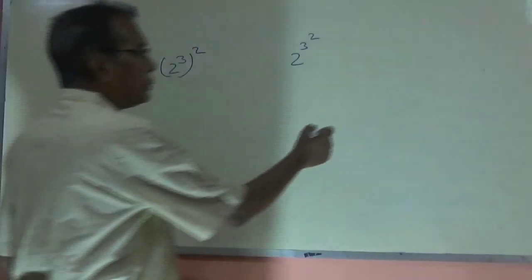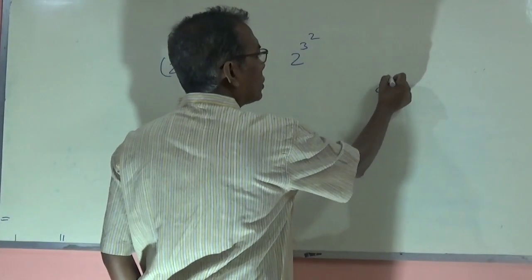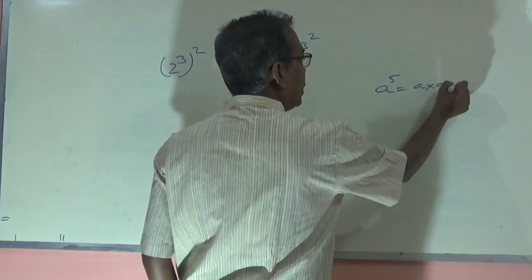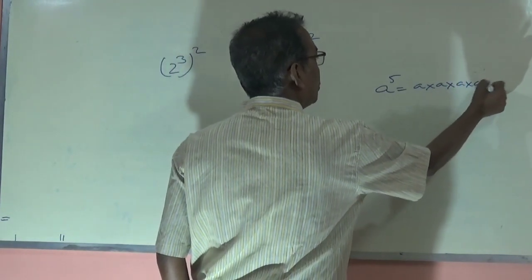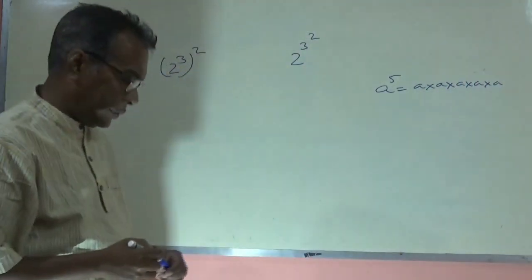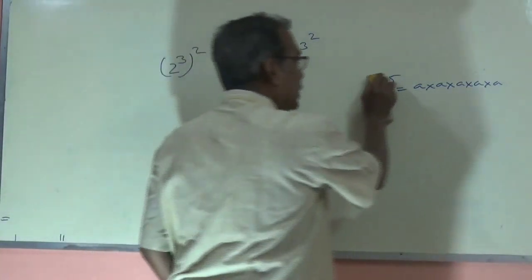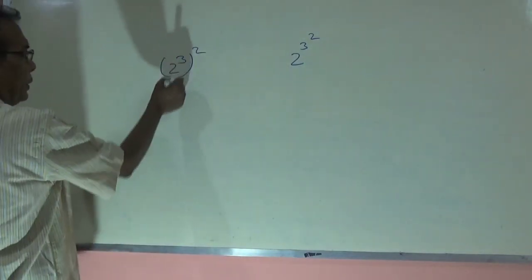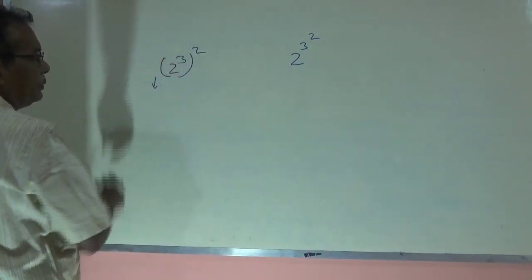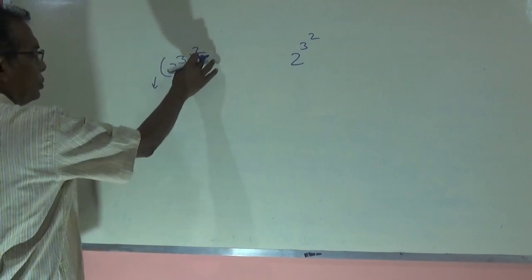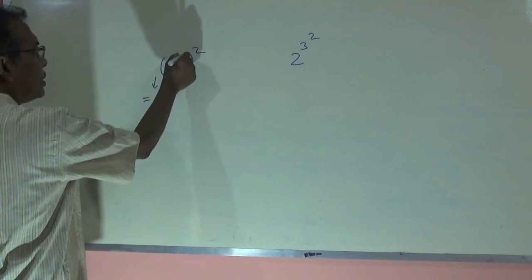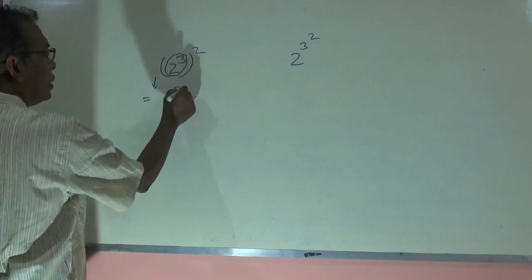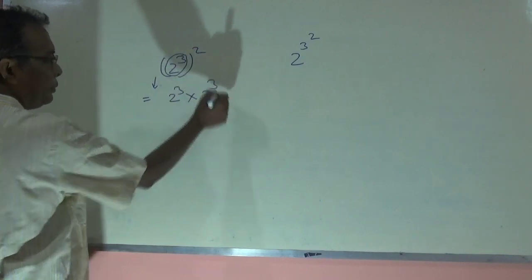You know very well that a to the power 5 means a into a into a into a into a, 5 times. Same thing I am going to apply here. 2 to the power 3 whole power 2, this is that a, taken 2 times, that is 2 to the power 3 into 2 to the power 3.